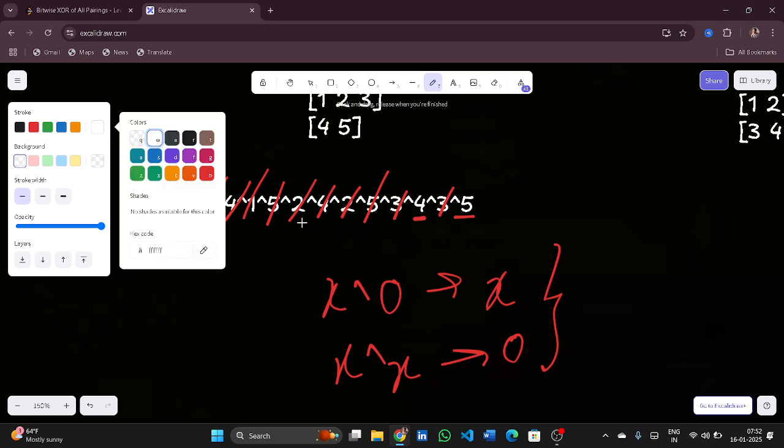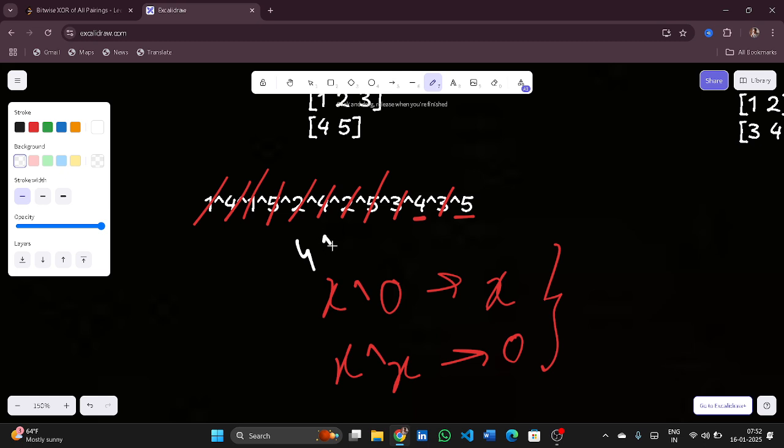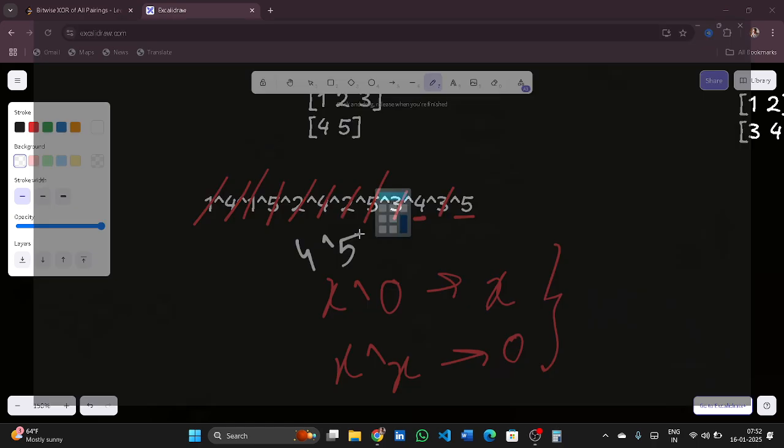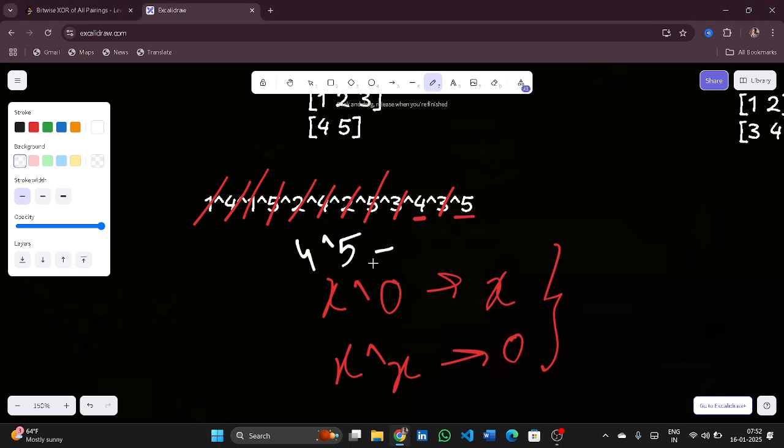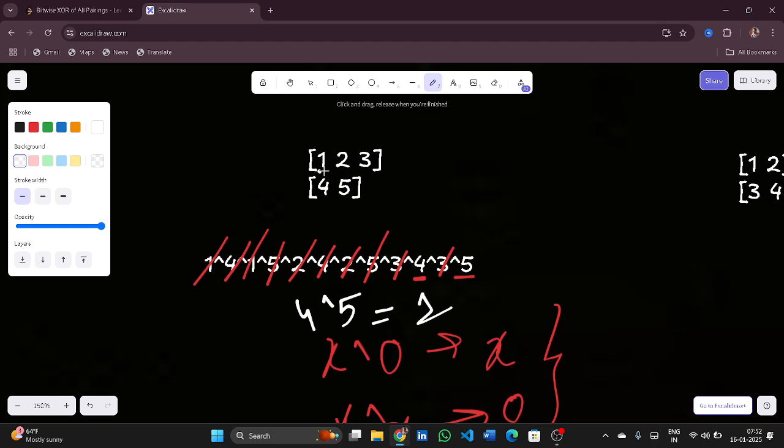So 4 XOR 5 is our answer. If I take the calculator, 4 XOR 5 will give me 1. So the answer for this is 1. But if you see, we have cancelled out every element in 1, 2, 3 because each is XORed with 4 once and with 5 once.